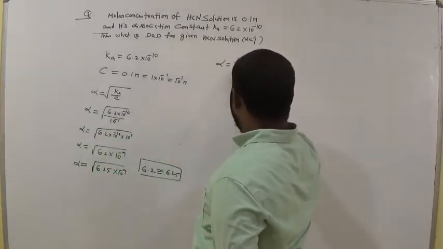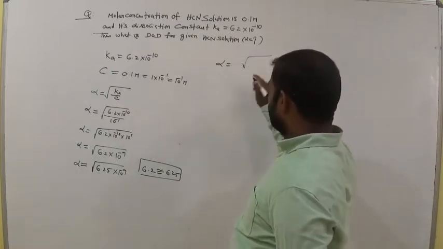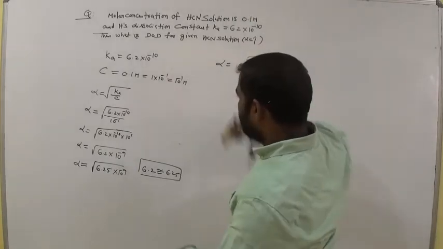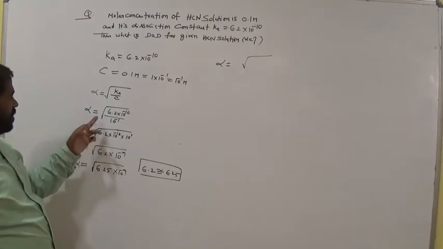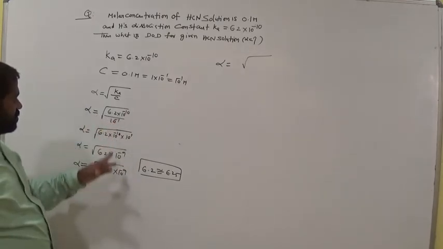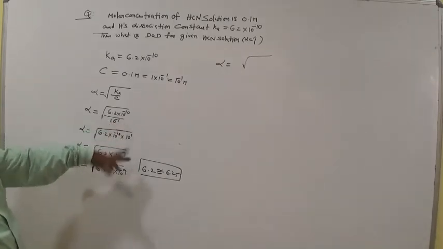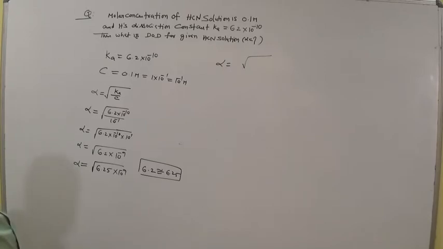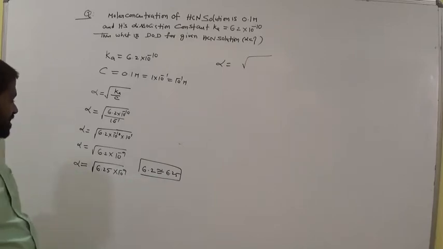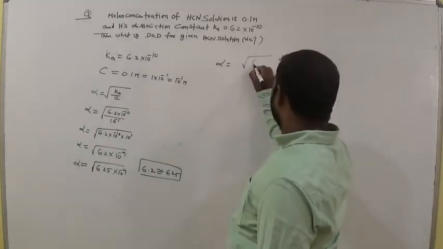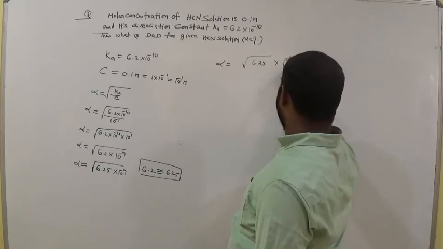Now alpha equals 6.25 into 10 power minus 9, approximately. Next, 6.25 into square root of 10 power minus 9.